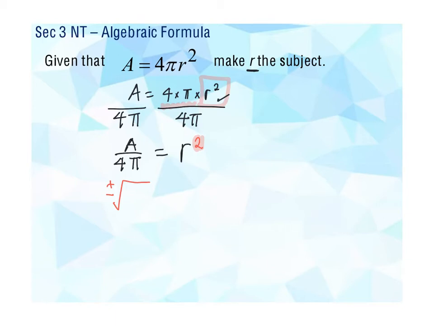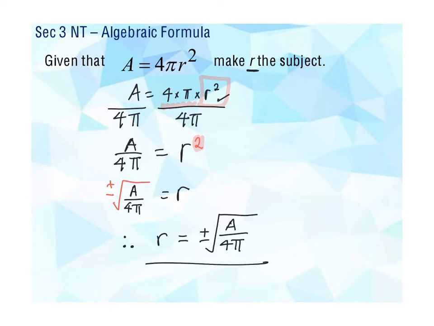So this will be plus or minus square root A over 4 pi equals r. The r squared will disappear. But of course, we must make r our subject, so r needs to be in front. Then we have r equals plus or minus square root A over 4 pi. And this whole thing will be the answer.